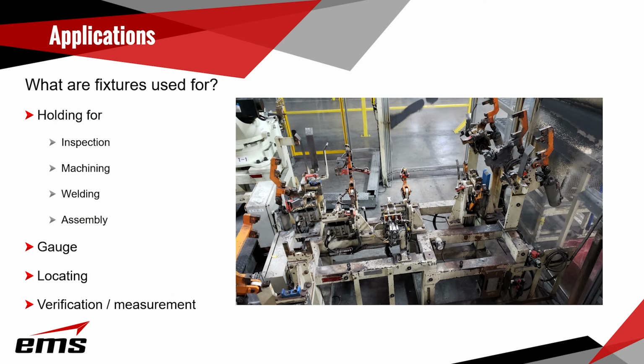It can also be used to locate a part in a certain position, maybe for other applications. And then, of course, it can be used to do measuring or verification and measurement. This could be just a part that has to fit inside a fixture to make sure it's the correct size. It could be something very simple. So those are some of the main applications that fixtures are used for.